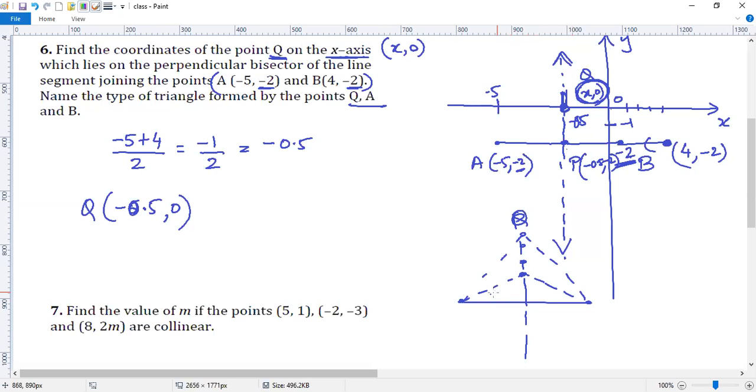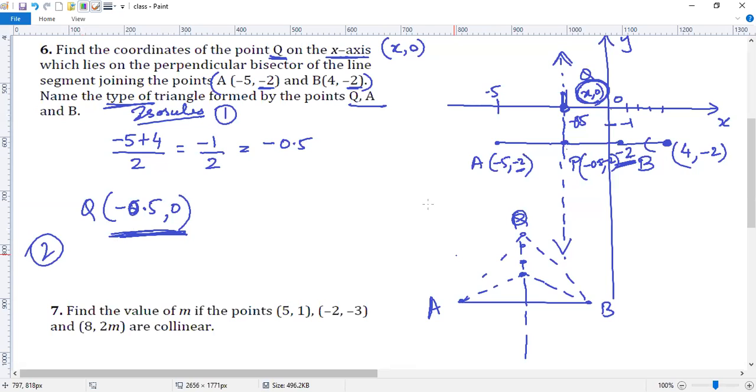If you assume this is Q, then for sure you will have AQ equal to BQ. So obviously it has got to be an isosceles triangle. Okay. So using the coordinates, finding the coordinate of Q as -half, comma 0 carries 2 marks. And identifying it's an isosceles triangle carries 1 mark. So totally 3 marks for this question.